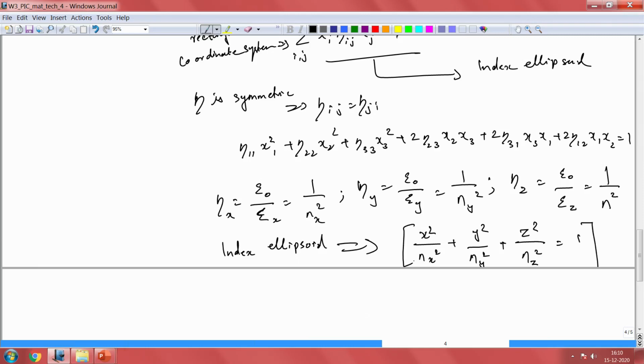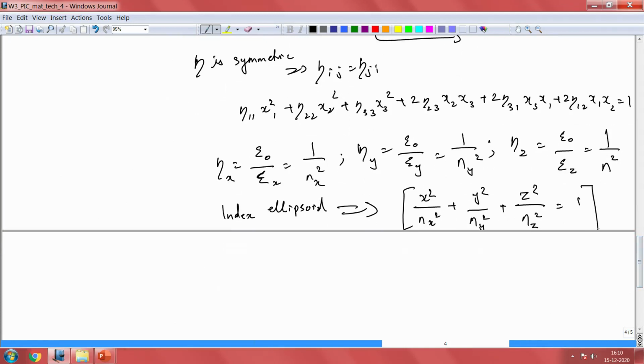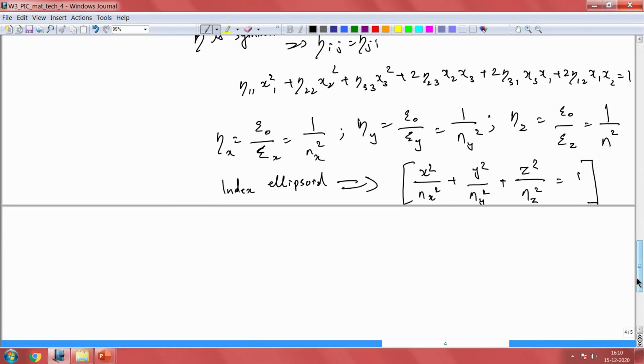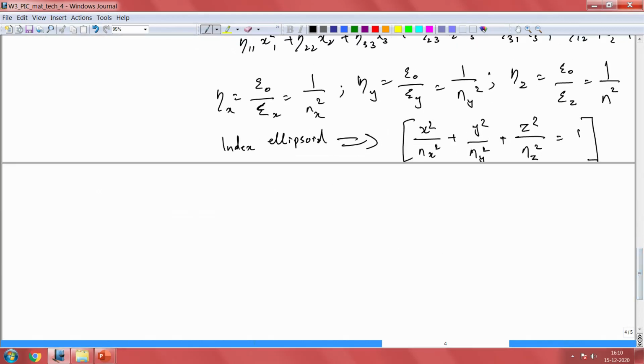So this is how you can construct an index ellipsoid, or how the refractive index looks inside the medium.